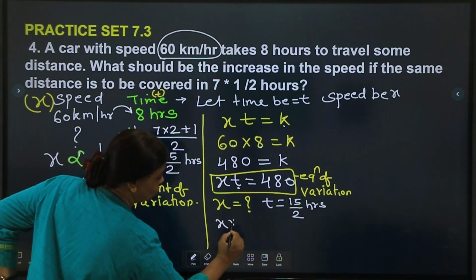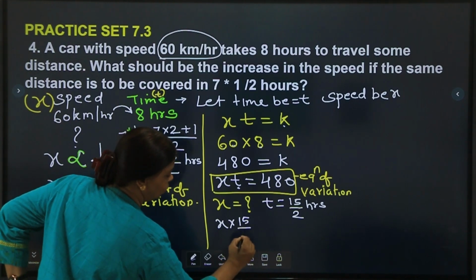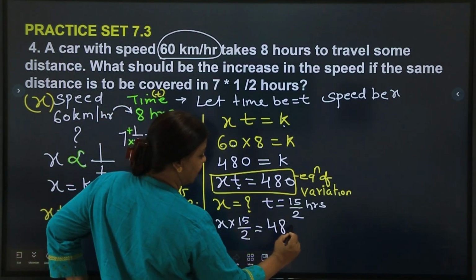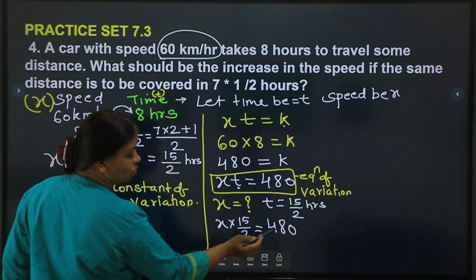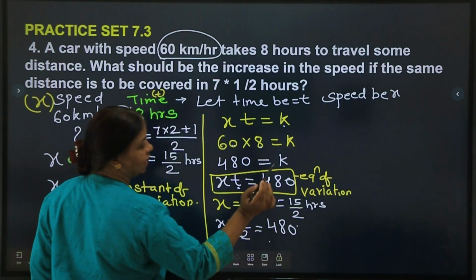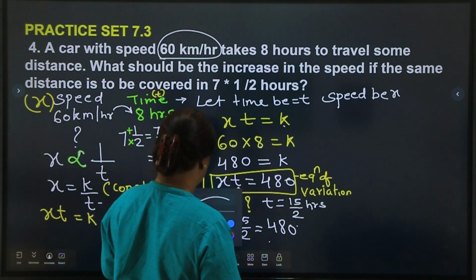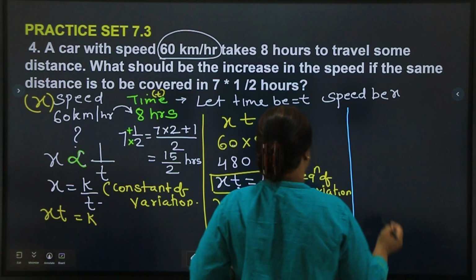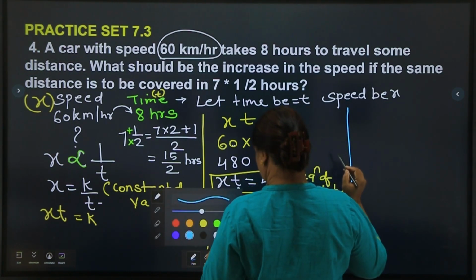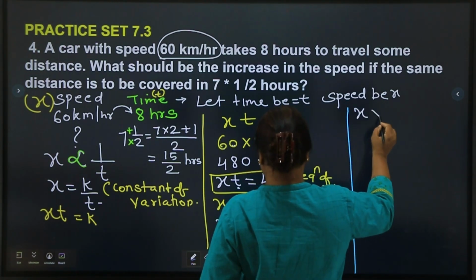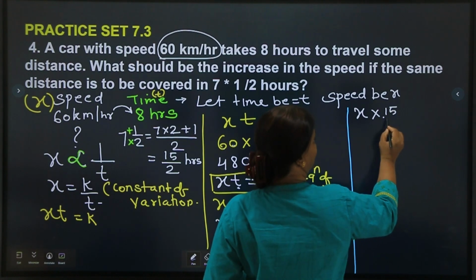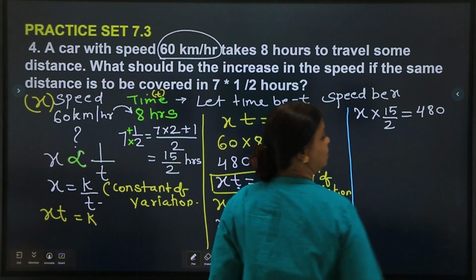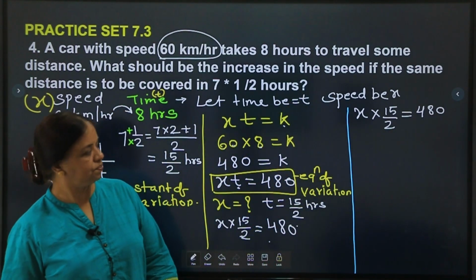x into 15 upon 2 is equal to 480. Your equation is like this: x into 15 upon 2 is equal to 480. Yes, children?